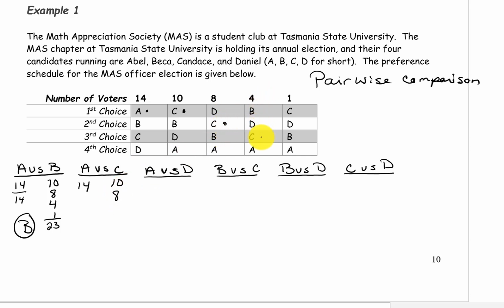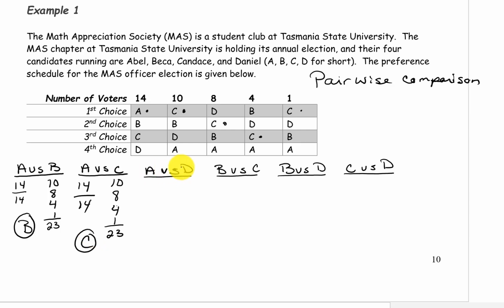On these 4, candidate C is above A, so candidate C will get those 4 votes. And on the last ballot, candidate C is above A again, so candidate C will get that last vote. So again, candidate A has 14 votes and candidate C has 23 votes. So candidate C will win this pairing and will get 1 point for that.